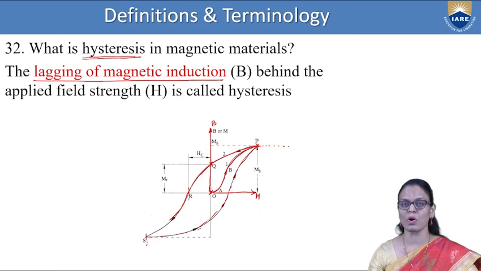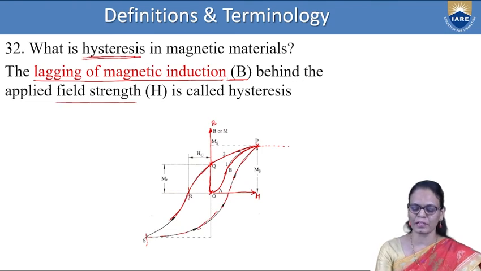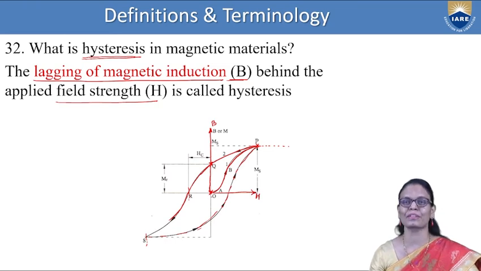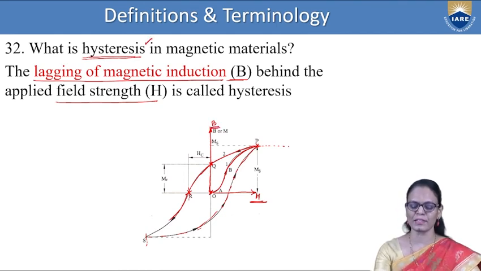It tells us that the magnetic induction B always lags behind the field strength. Here there is still a field, it is not coming to 0. It is always lagging, and it becomes 0 only here. So with the field, B is always lagging behind, which we call hysteresis.